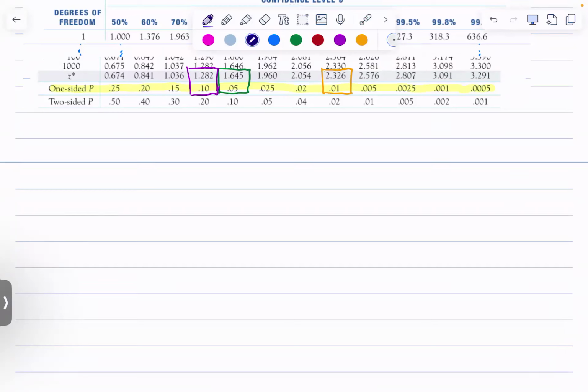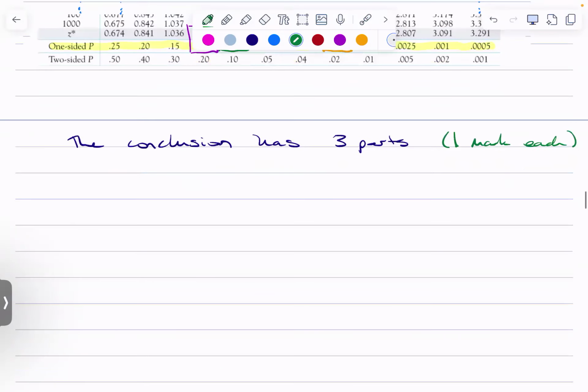So our conclusion is going to have 3 parts. The conclusion has 3 parts. And you have to talk about all 3 because they're 1 mark each. First, you're going to compare the p-value to the alpha level.